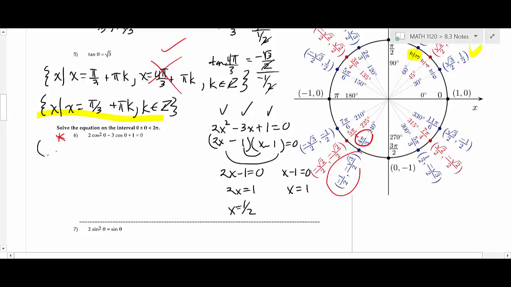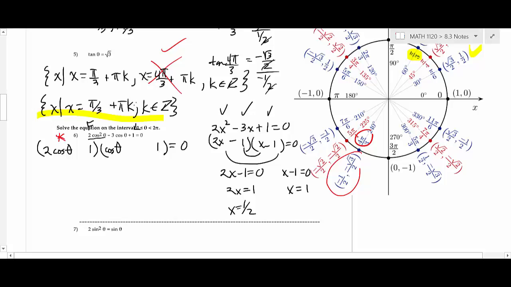So when we do this, we've got one side equal to 0. This is what you need to write down: let's factor this. The first term is going to be 2 cosine theta, and cosine theta like that. That's the only possibility there. And the last term is the 1, so the only possibility is 1 and 1. You kind of do this by trial and error.